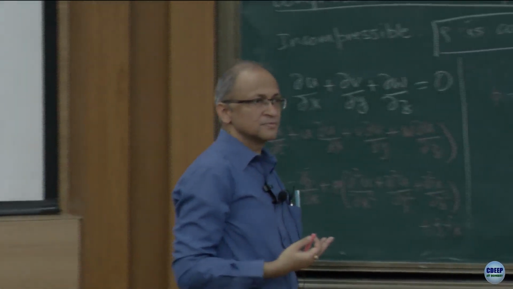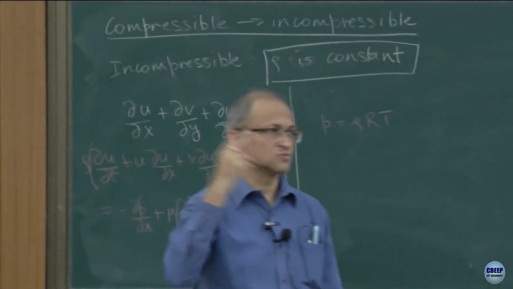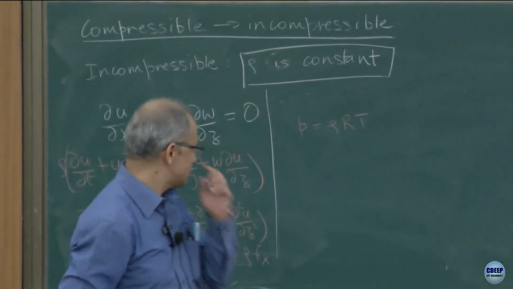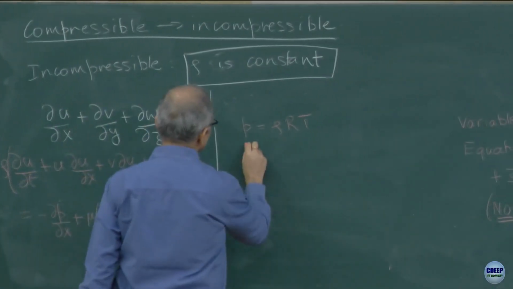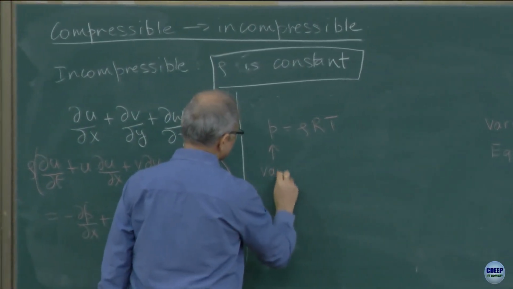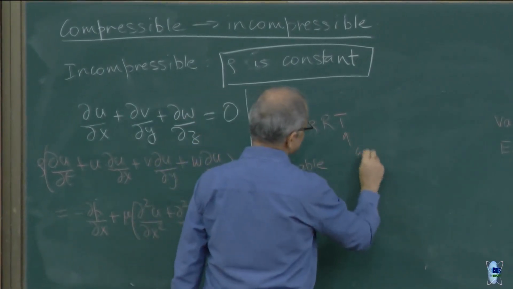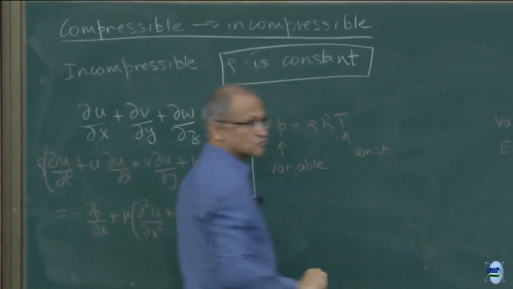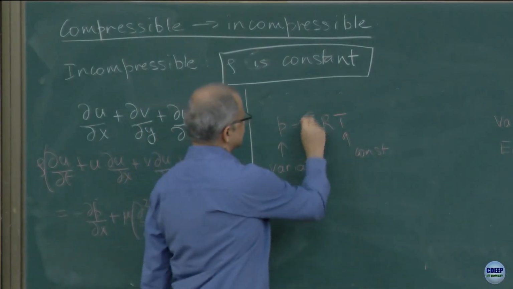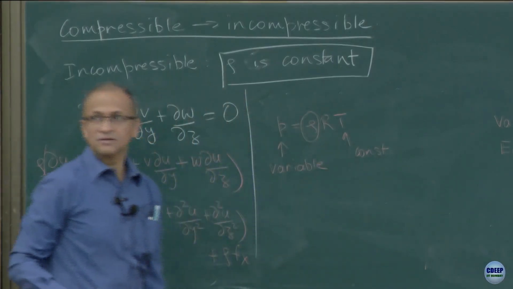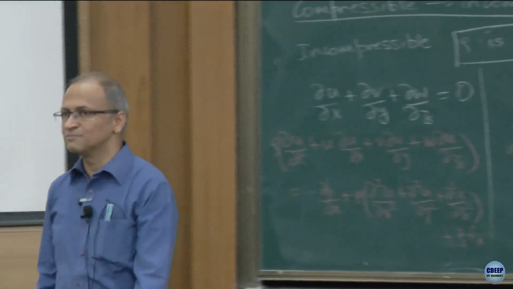But what do we know about pressure? We know pressure does vary at various points in the room. So you can see pressure is variable in this problem. Temperature is constant, it's an isothermal flow. And rho is supposed to be constant for an incompressible flow. So you can see the right hand side is a constant, left hand side is not.